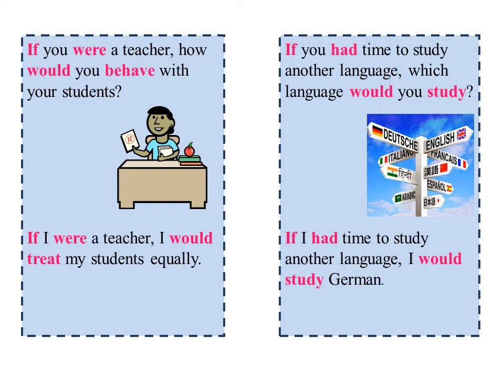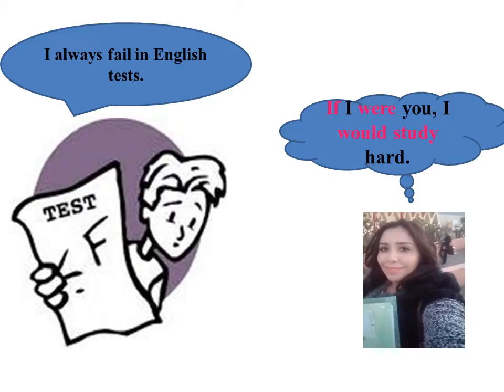We are trying again to imagine. I always fail in English tests. If I were you, I would study hard. So guys, you can really now make the difference between conditional type 0, 1 and 2. Let's have a look. How do we form conditional type 2 and when do we use conditional type 2?